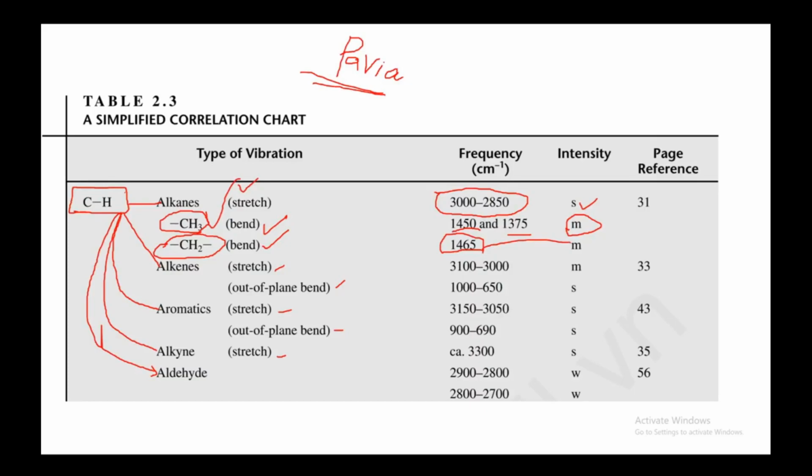How can you assign the CH bond present in alkenes?